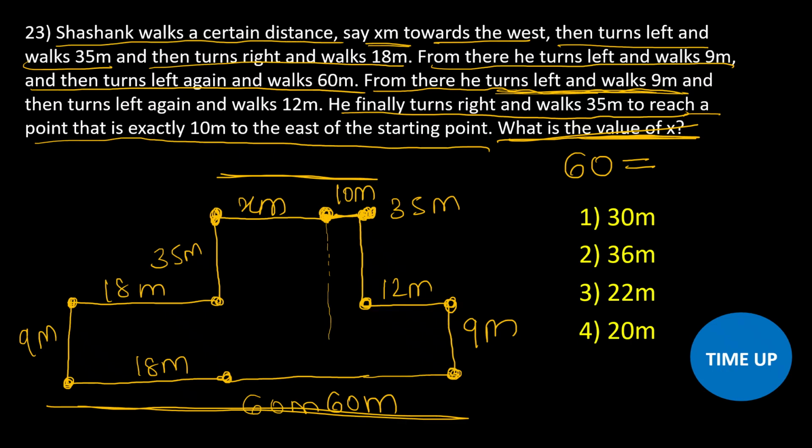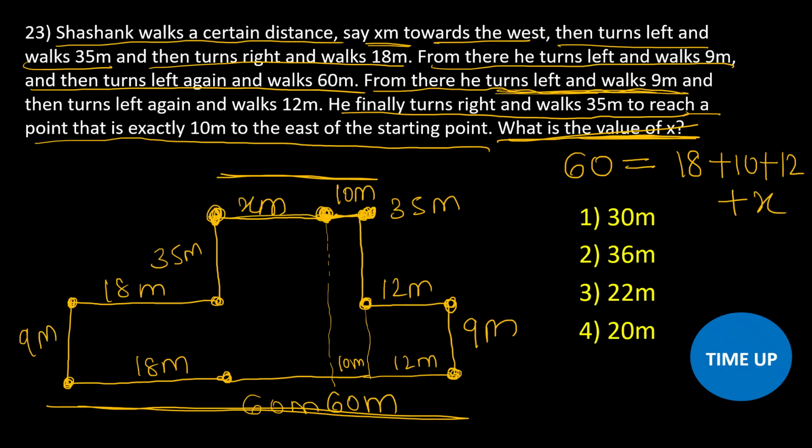If you come from here till here, this will be 10 meter, then this will be 12 meter, correct? So total it is 60 meter. So 60 is equal to 18 plus 10 plus 12 plus x.